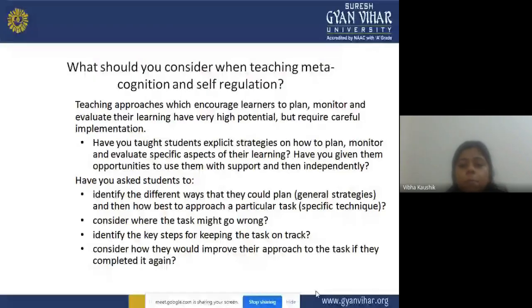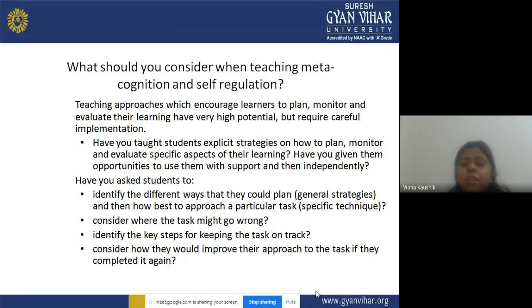What to consider when teaching metacognition and self-regulation? This should be kept in mind by teachers when they are teaching the concept of metacognition and self-regulation. Teaching approaches which encourage learners to plan means we should motivate the learners to plan, and monitor whether the planning they have made has been executed or not.